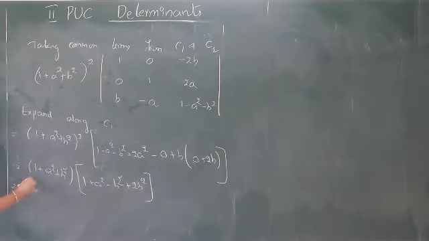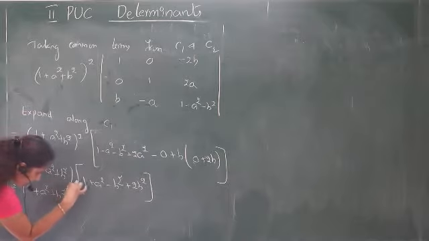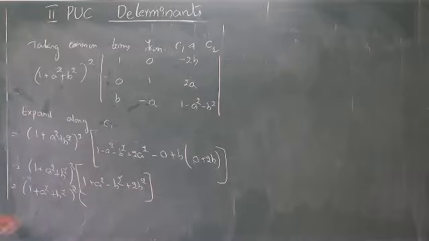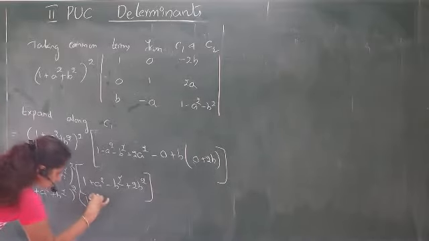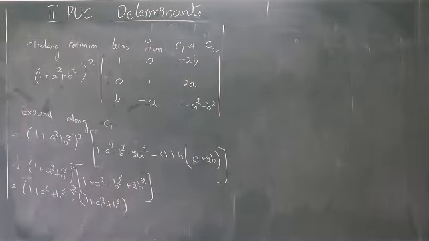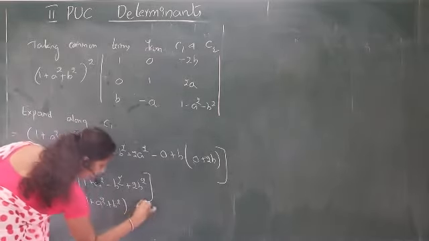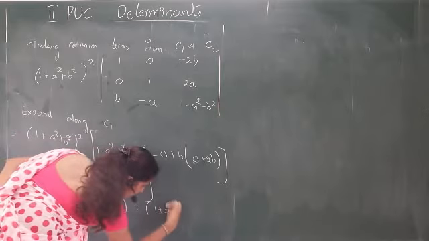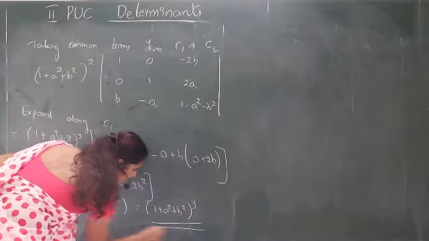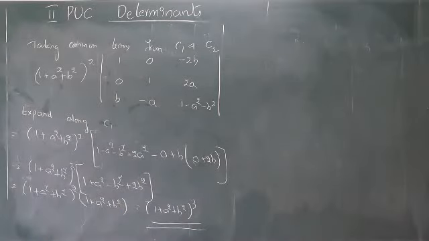So this will be 1 plus a square plus b square whole square into, again it is 1 plus a square plus b square. All together it is 1 plus a square plus b square whole cube. So this is the required answer.